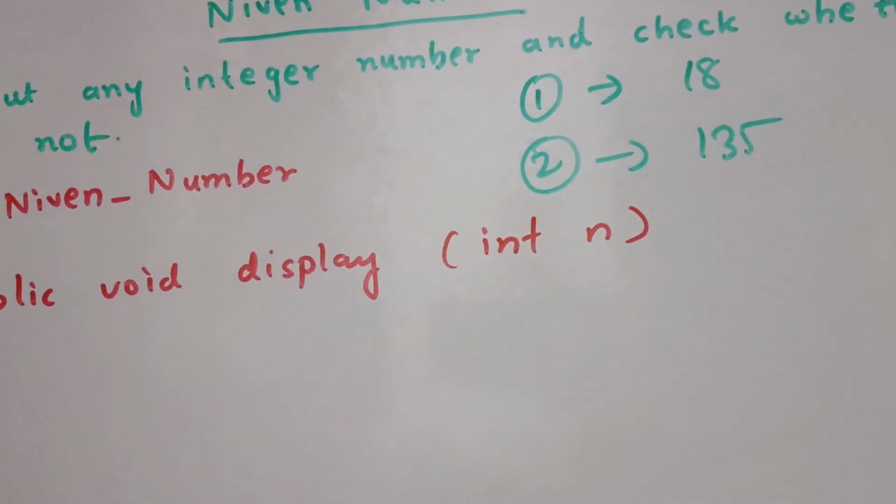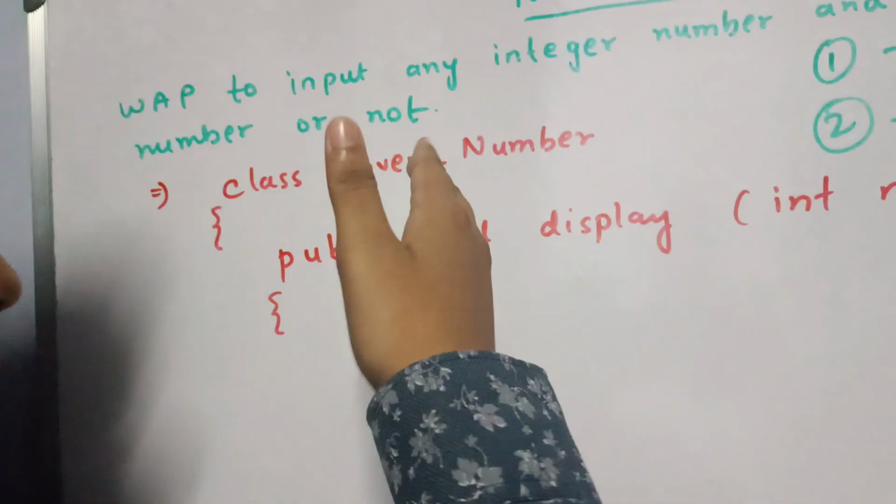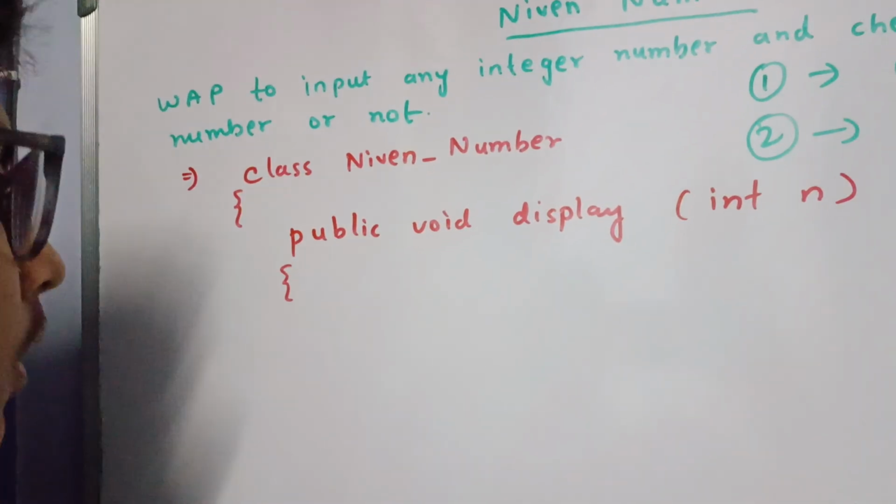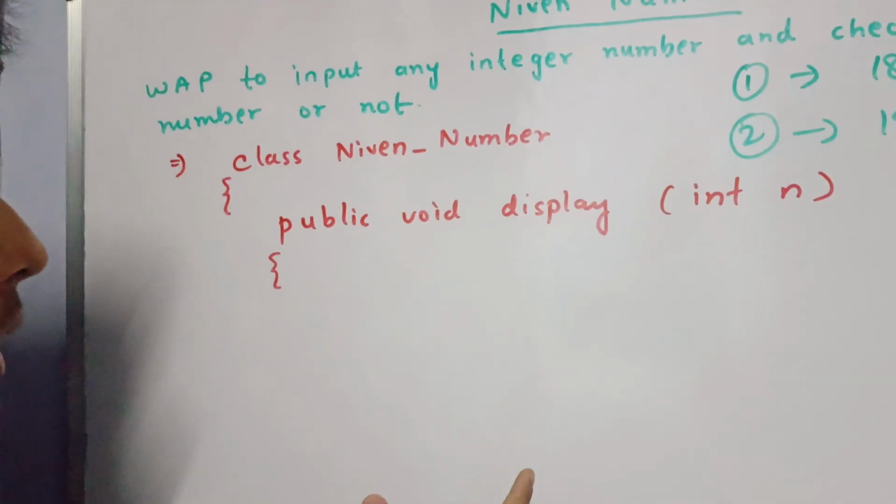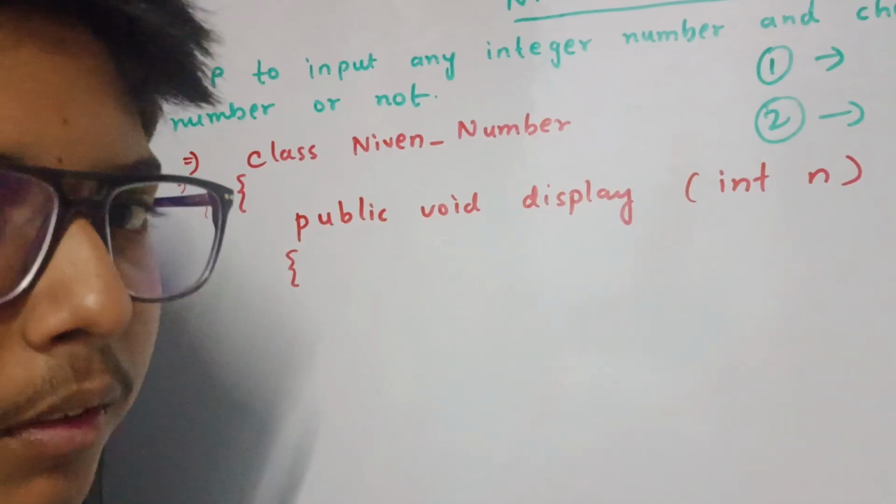So we have declared the class and the public method, which has return type void.